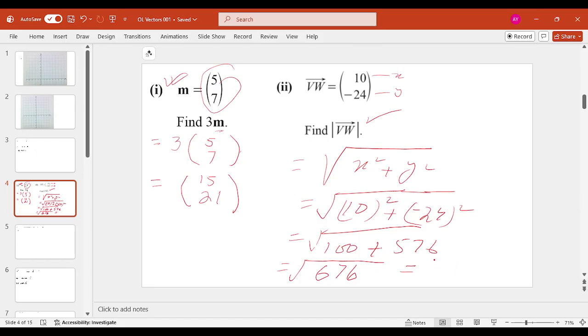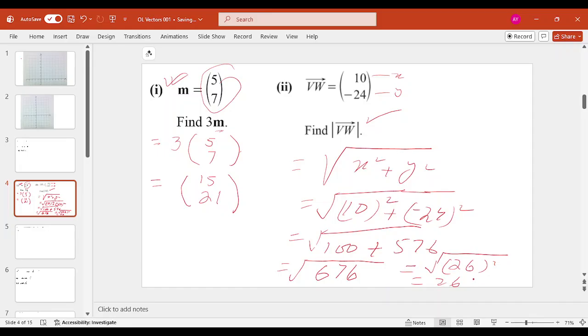I am going to explain this over here. 676 is actually the square of 26. So yes, the square root of 676 is equal to 26.